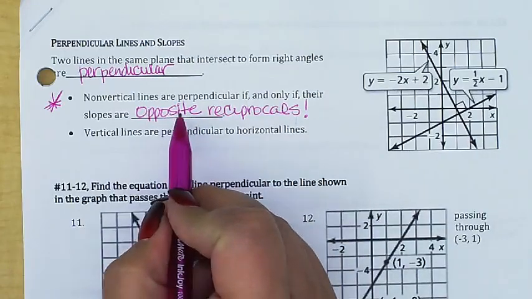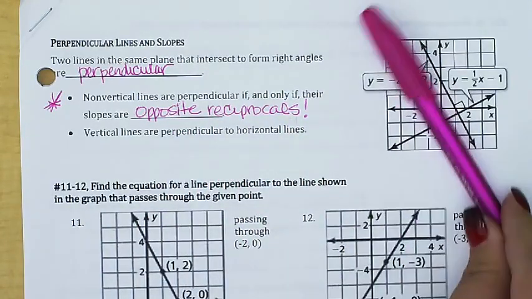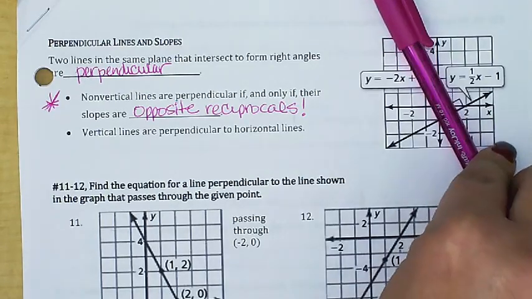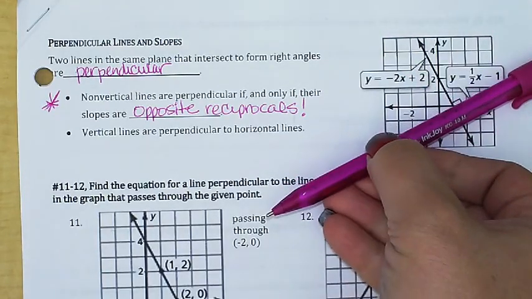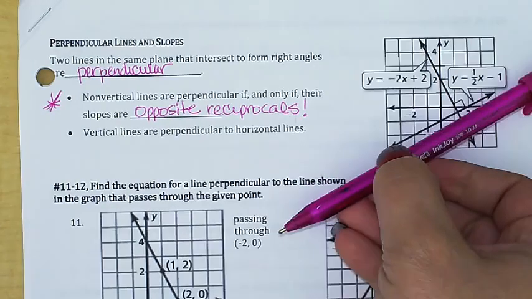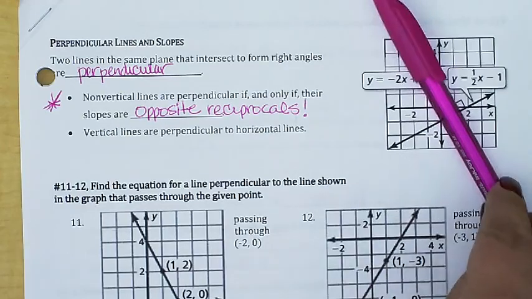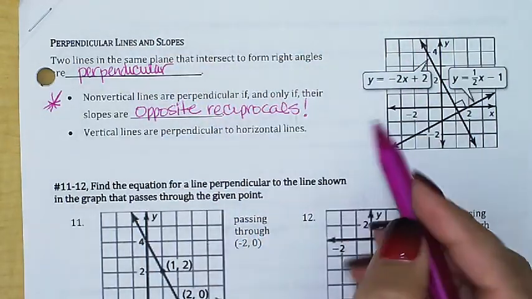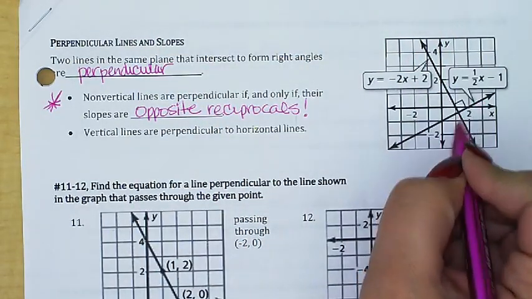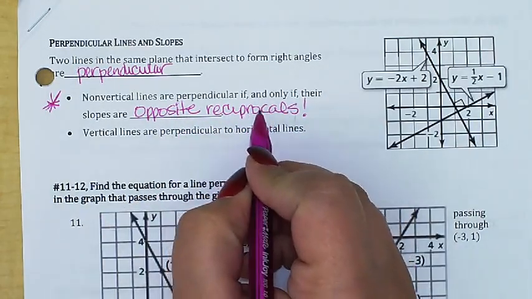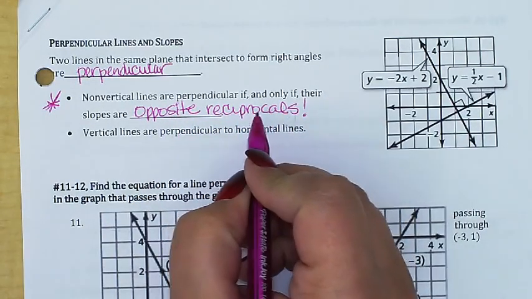Opposite meaning the opposite sign, and you can see it right away here. If this line has a negative slope, the only way that I'm going to get a 90-degree angle is if the other one has a positive slope, or vice versa. If this is going upward, then the other one would have to be going downward. That's the only way you're going to be able to achieve that perfect right angle. So they have to have opposite signs, and then their rise over runs have to be reciprocals.